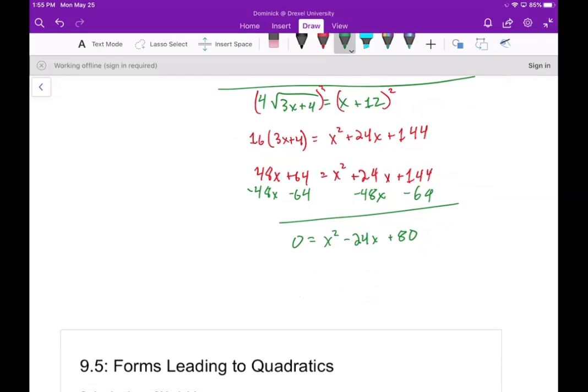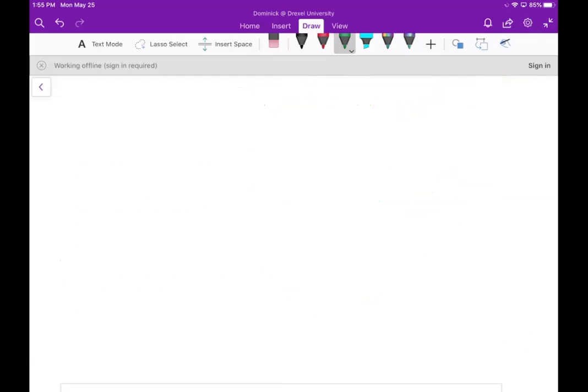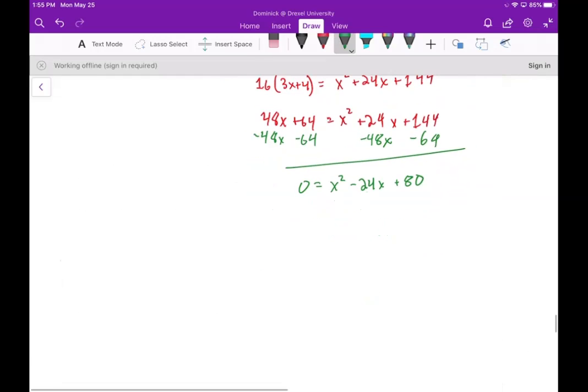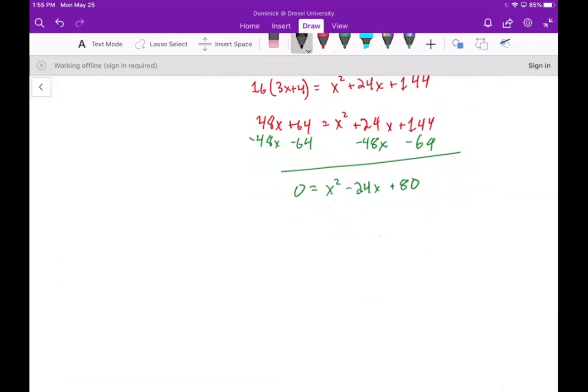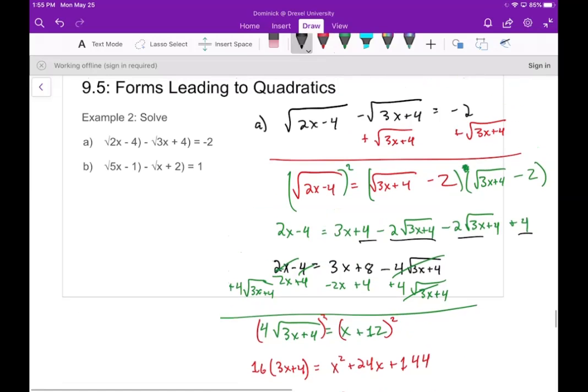All right, so now we need two numbers that if we multiply them together will give me a positive 80, and if I add them, I get a negative 24. So that should be x minus 20 and x minus 4. So we get x is equal to 20 and x is equal to 4. All right, and then of course we have to check these.